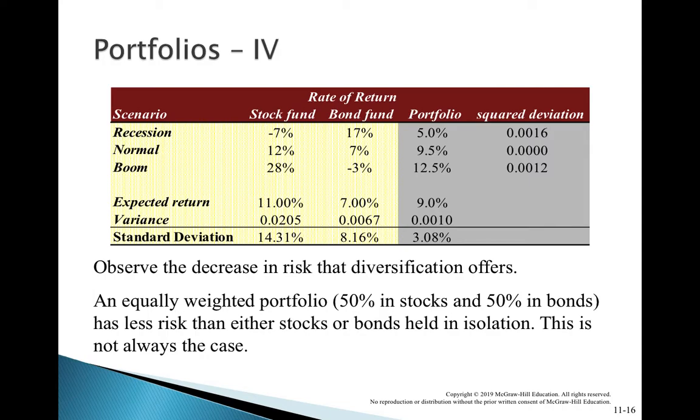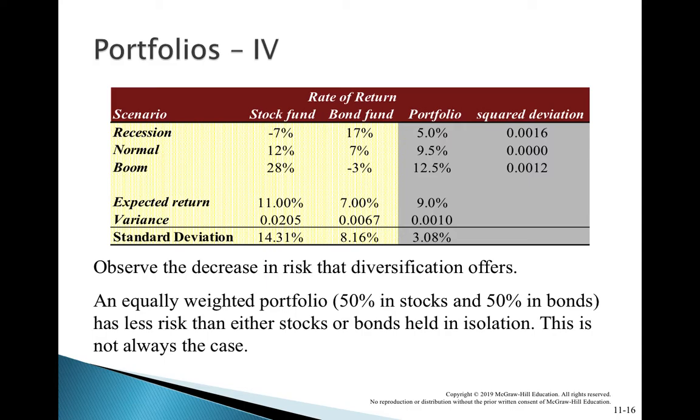Let me tell you how we calculated it. Let me explain here. What is the formula? Weight of bond square, that is 50% square multiplied by standard deviation of bond square.